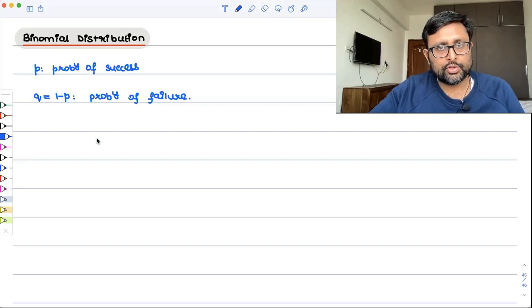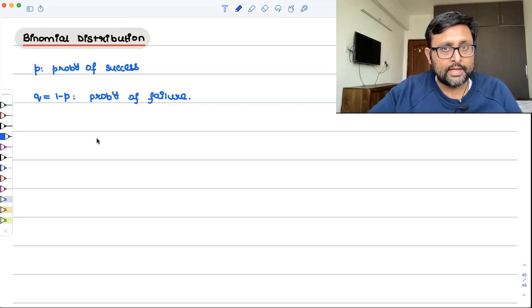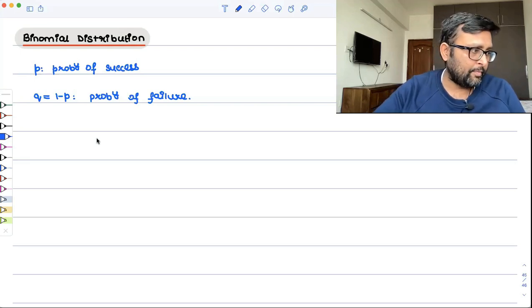So for example, you toss a coin, you roll a die, and you are interested in finding out the probability that the number which is being shown up is 6 or not, or whether you will win a match or not, whether you will pass an exam or not, right? So that is what is meant by Bernoulli trial, right?